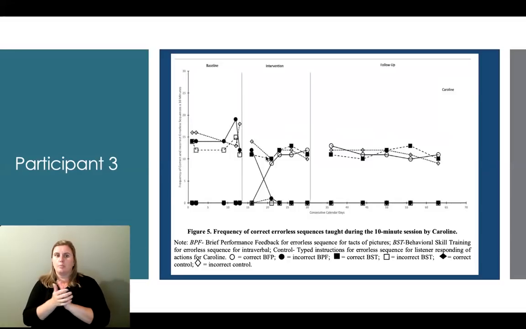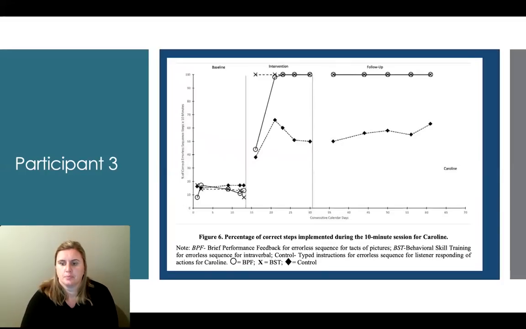As we can see, there is a clearly established functional relationship between BPF and BST and our target behaviors, in that there is not a lot of difference in patterns of responding. Over follow-up, post-training termination, we continue to see the same pattern of performance.